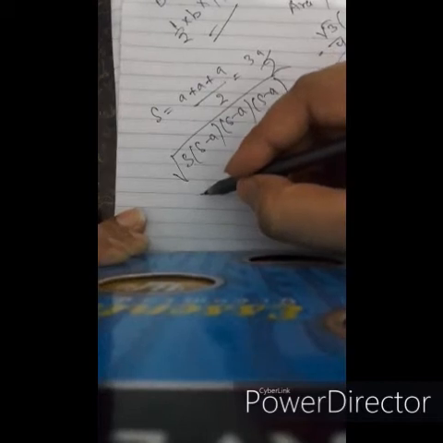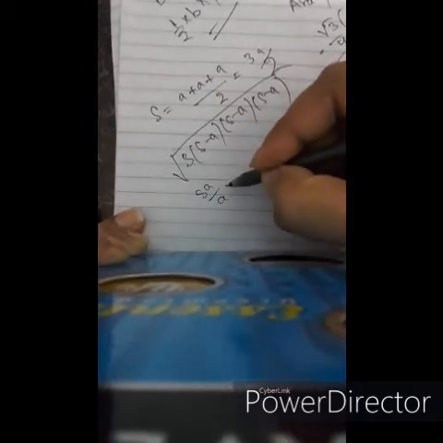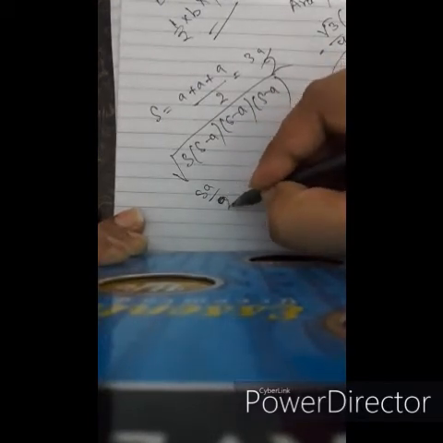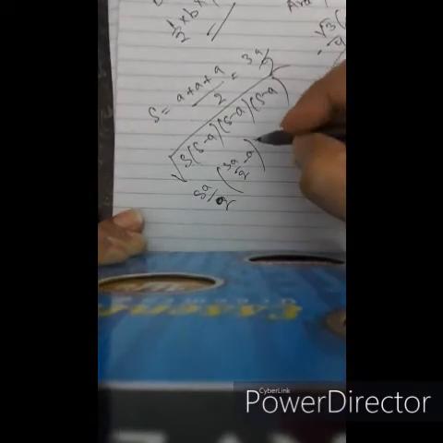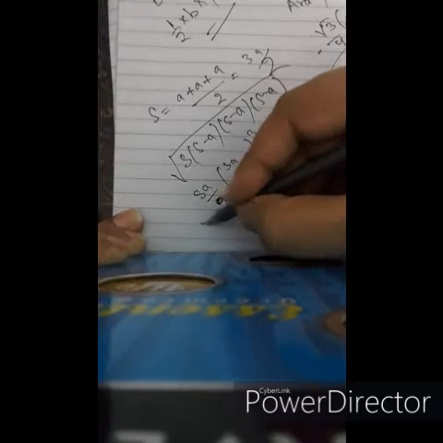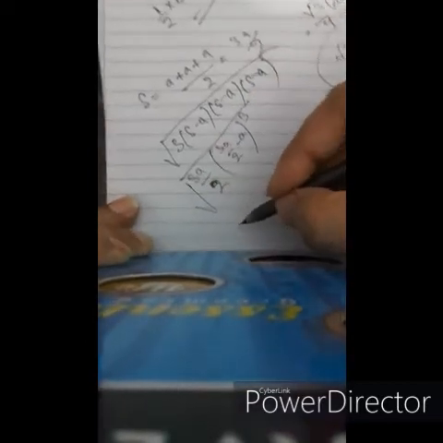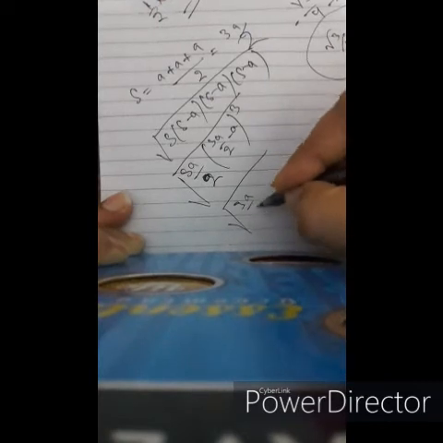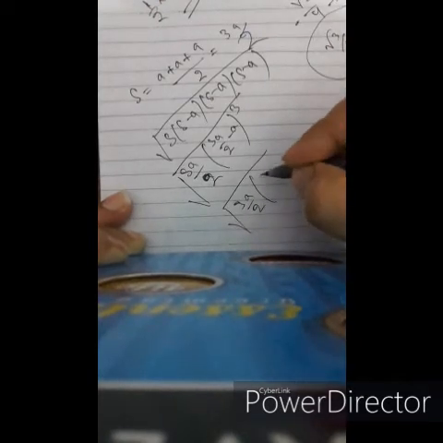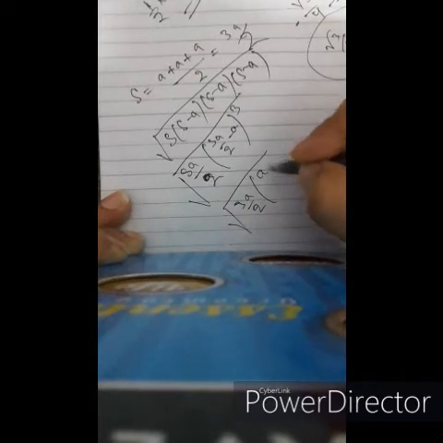So 3a by 2 into 3a by 2 minus a, whole cube, root under. 3a by 2 minus a becomes a by 2.